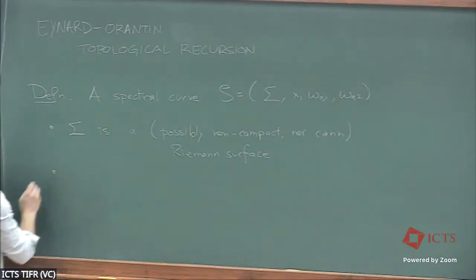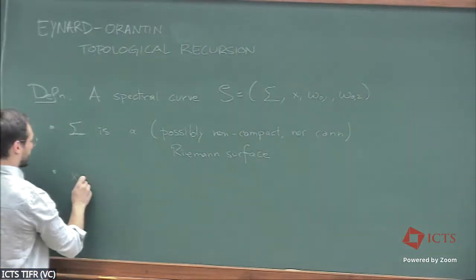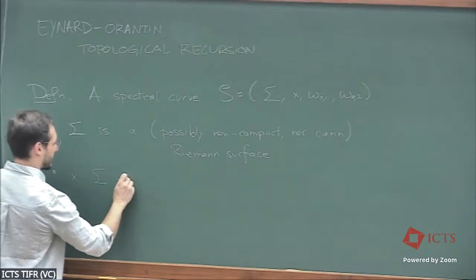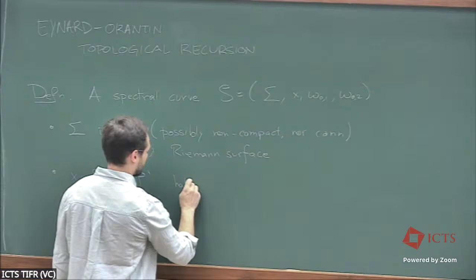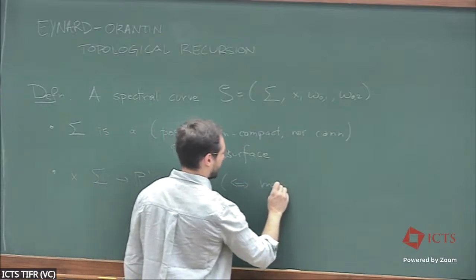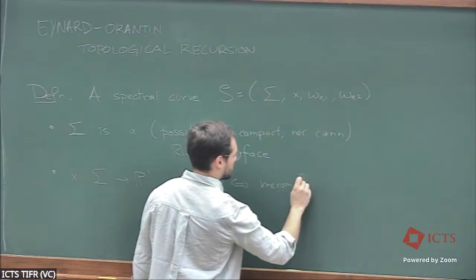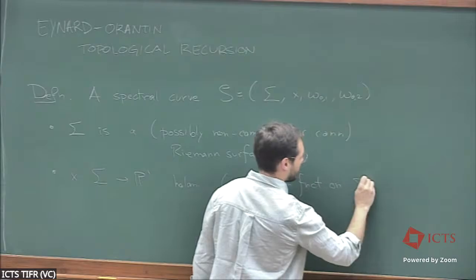x is going to be a meromorphic function. So let me say x, maybe I'll write it as a holomorphic function from sigma to P1. Same as a meromorphic function on sigma.